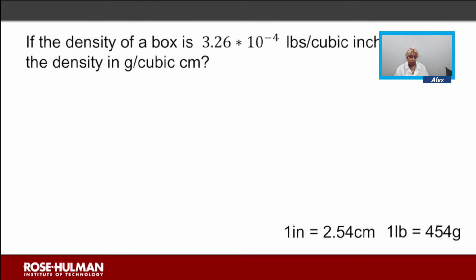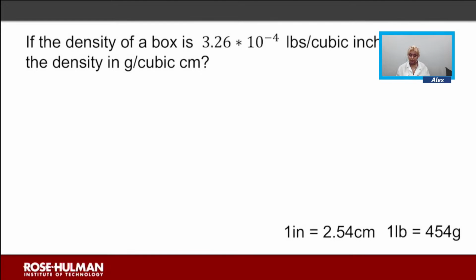So in this example, we have if the density of a box is 3.26 times 10 to the negative 4 pounds per cubic inch, what is the density in grams per cubic centimeter? So this one is different than the ones we did before because it's not dealing in measurements of time or distance or speed.